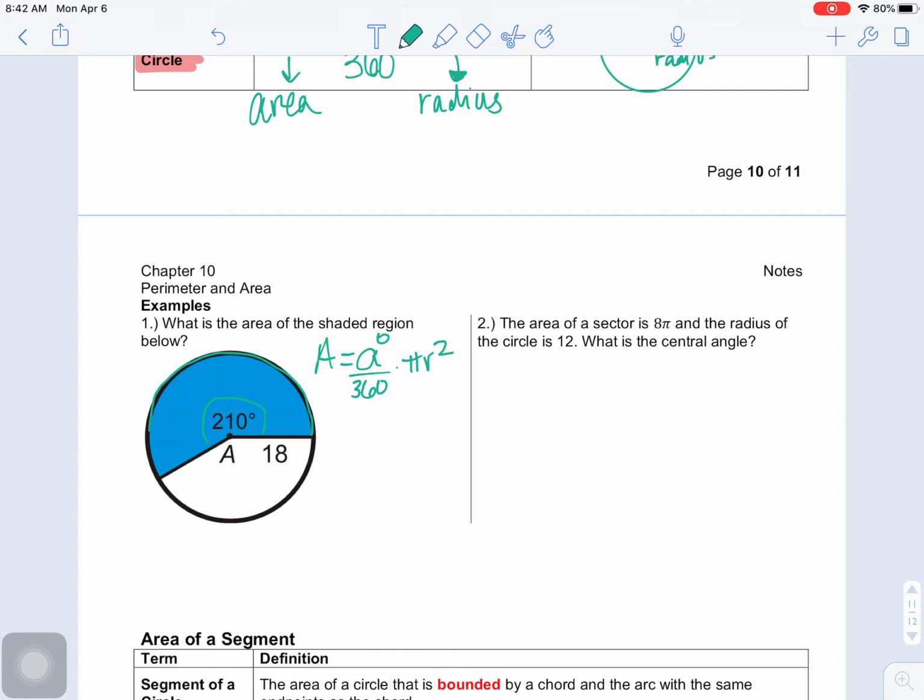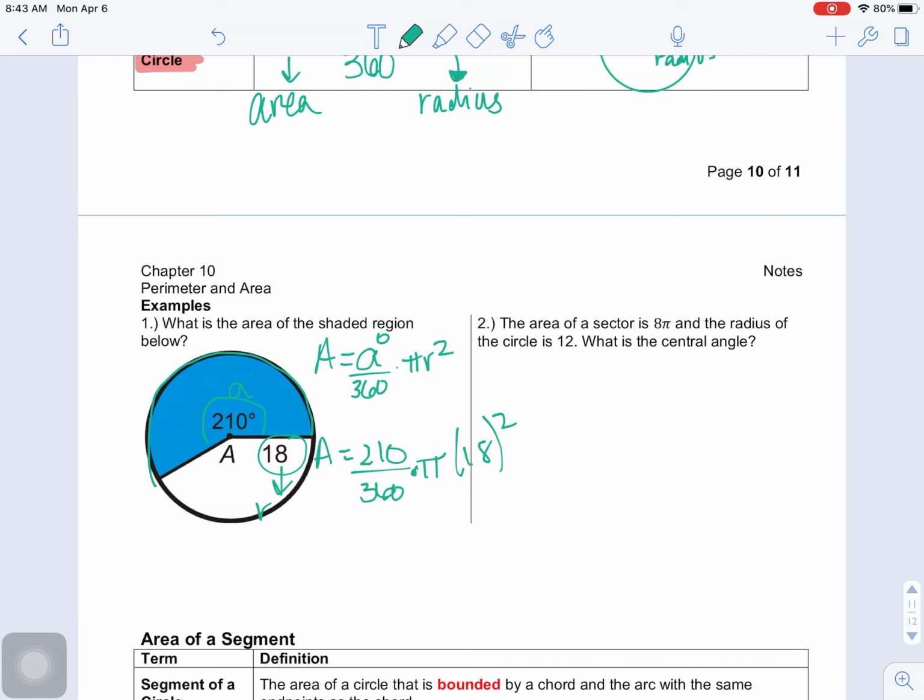Therefore, my arc is 210 degrees, times pi times radius. Here's my radius, which is 18, squared.